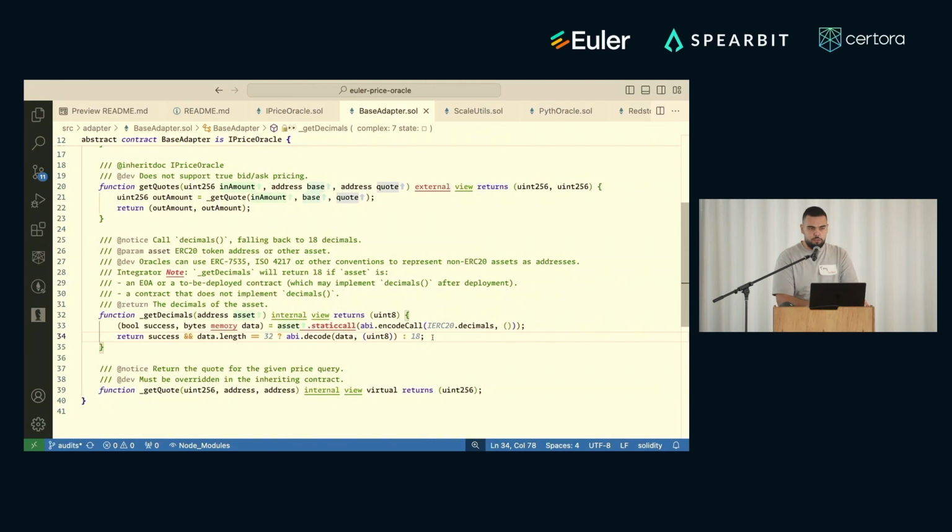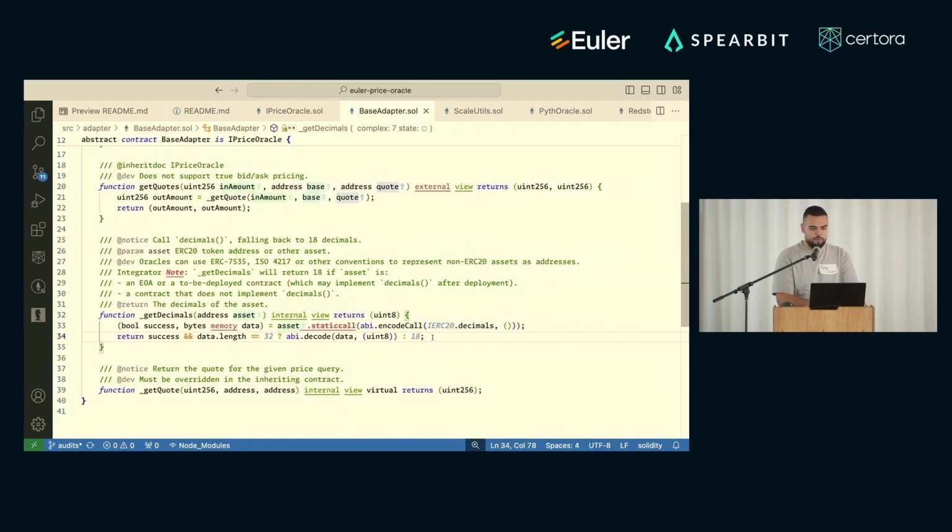We basically do this to be able to support USD. As you know, many feeds are denominated in USD, and that is not an ERC20 token yet.